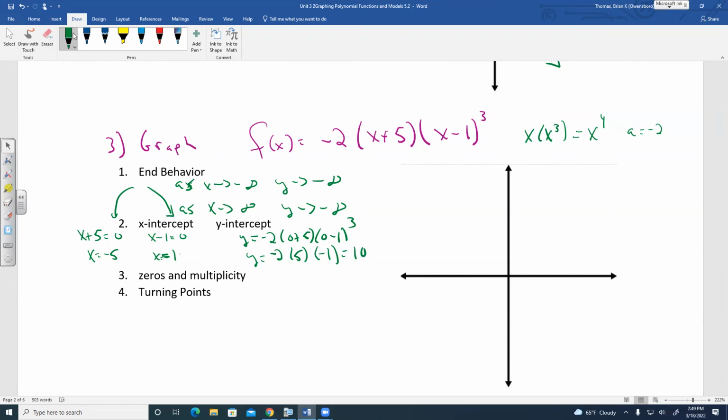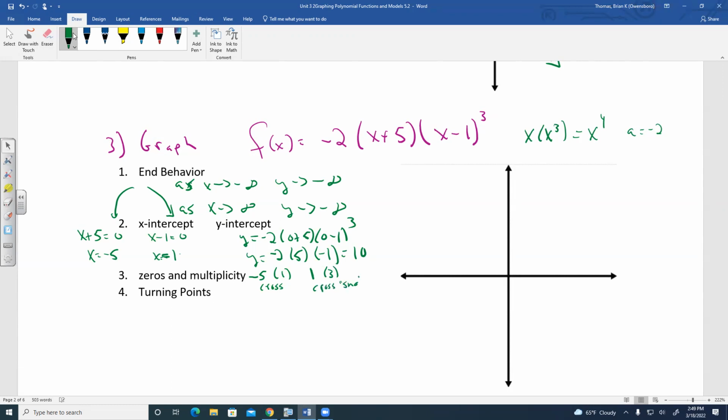As far as the zeros and their multiplicities, the -5 has a multiplicity of 1. So notice how it's going to cross at that spot. The other 0 is a +1 as well. I'm sorry, it's a +1, but the multiplicity is actually a 3. That's going to cross, but it's kind of going to be like the snake.